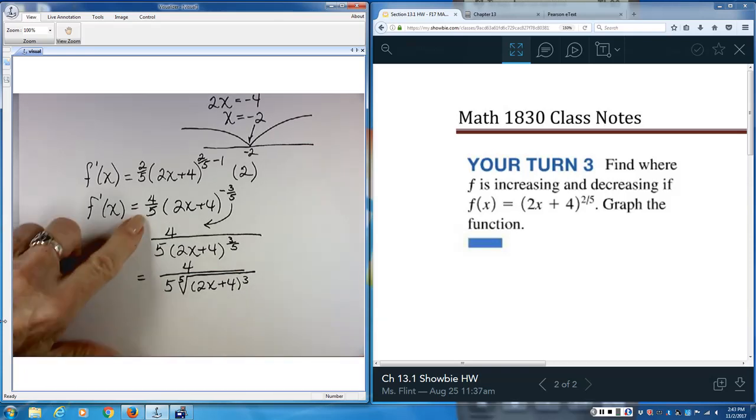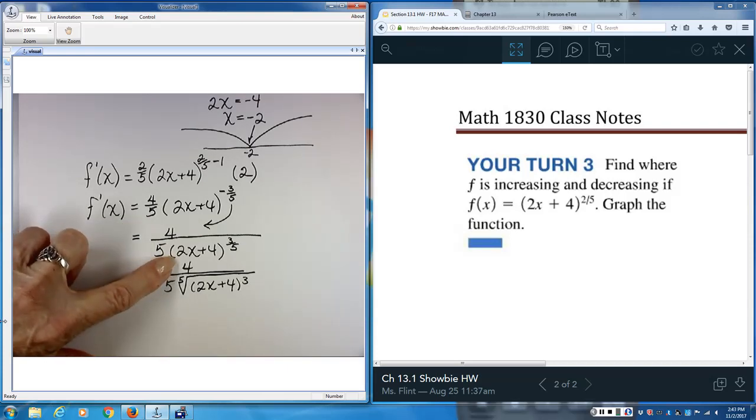So this doesn't give you much insight into why that thing has an asymptote. But this begins to give you that reason. Because what can you not have in the denominator?